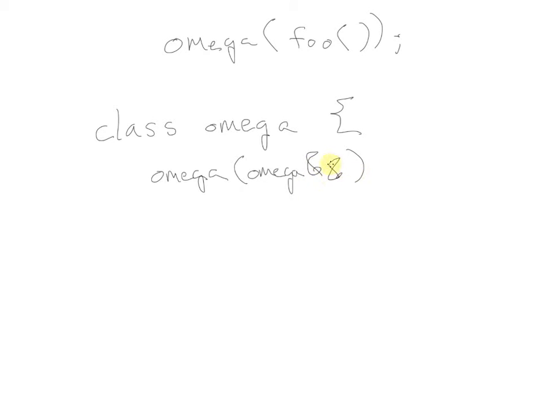Even though this doesn't have to be an R value reference, it can be just an R value. And then you would define what you do. And then our move assignment operator is going to be operator= taking omega&&.